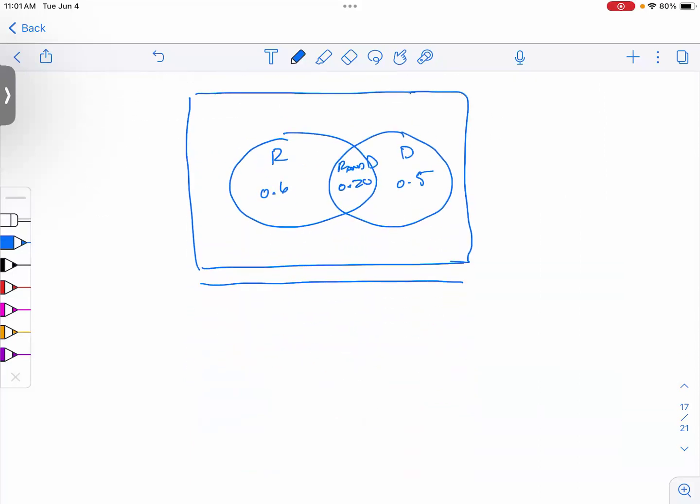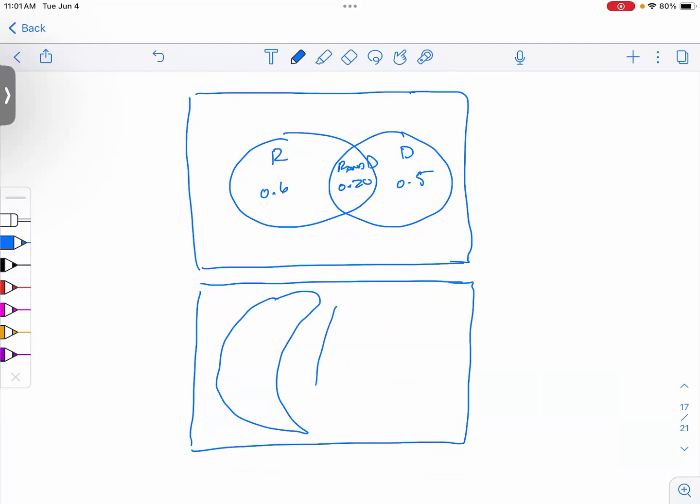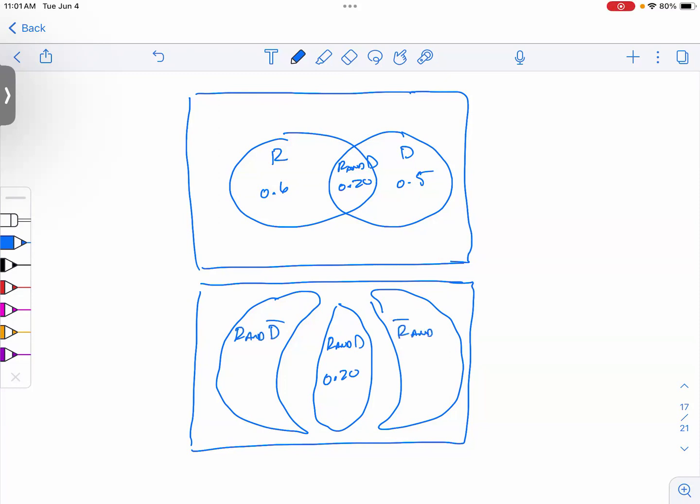Again, I don't like to make just one picture. I like to make 2, because if you make both pictures, I have no calculations to do after I set all this up. So regular and diet is still 0.2. Then I have regular and no diet, and no regular and diet.